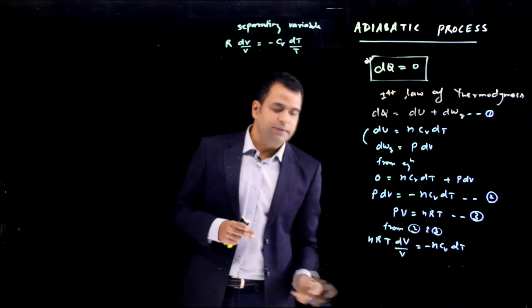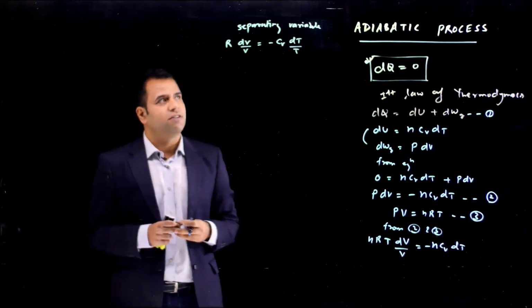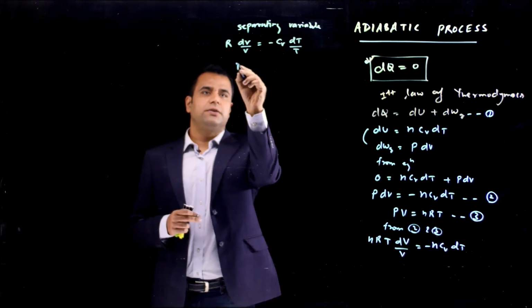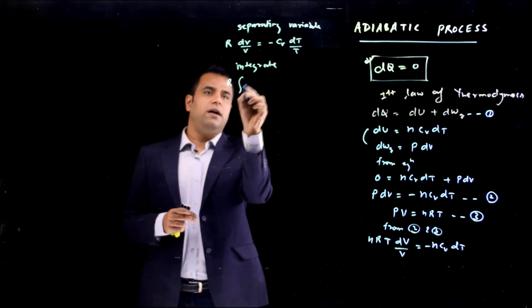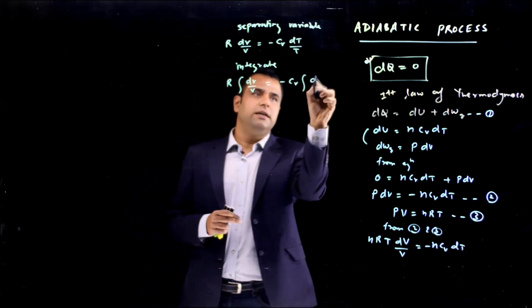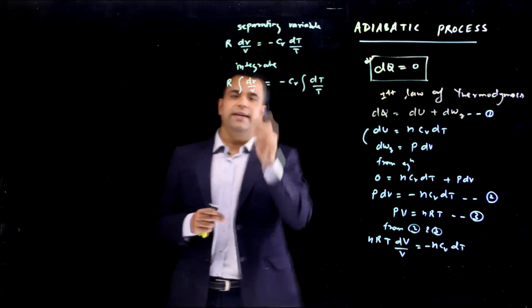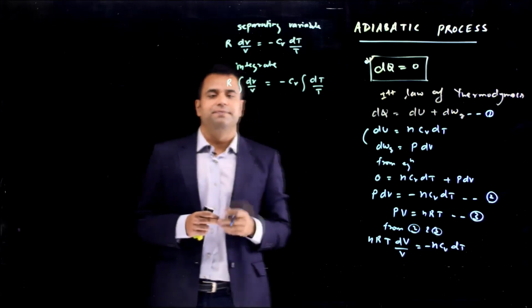Now we have only two variables in our differential equation. We will integrate. So if we integrate, we'll have r dv upon v is equal to minus of cv dt upon t. Since cv and r are constant, I've taken them out of the integration sign. We'll integrate this equation.